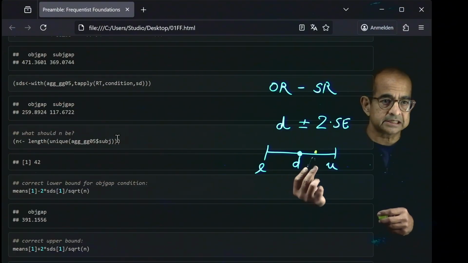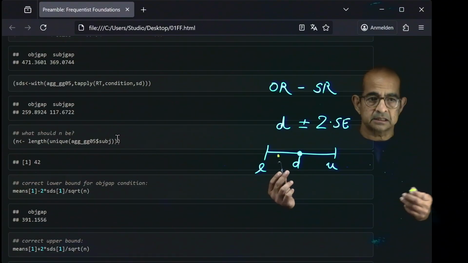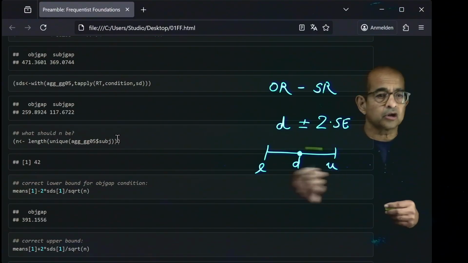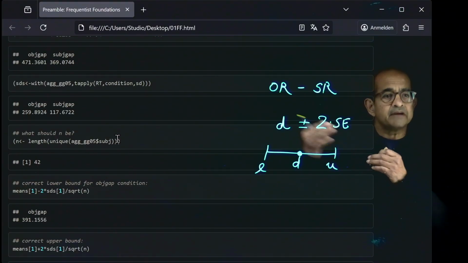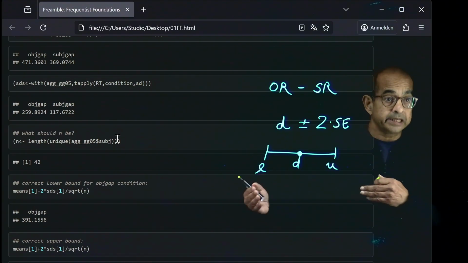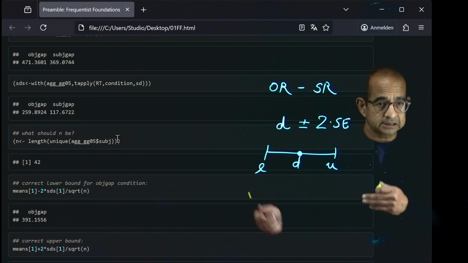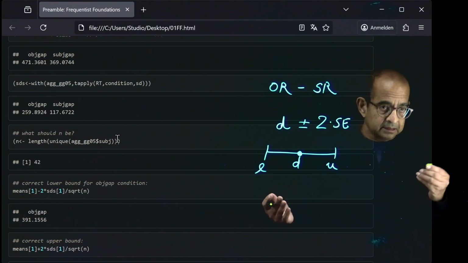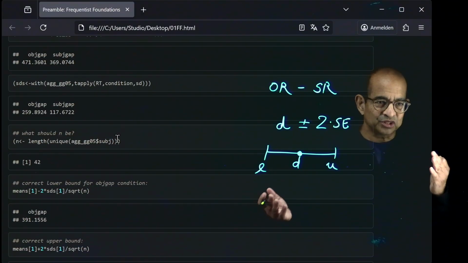If 0 is inside this interval, then I would claim that I do not have evidence against the null hypothesis. So the confidence interval does have a correspondence with the frequentist null hypothesis significance test, but only if the confidence interval is correctly computed, right?